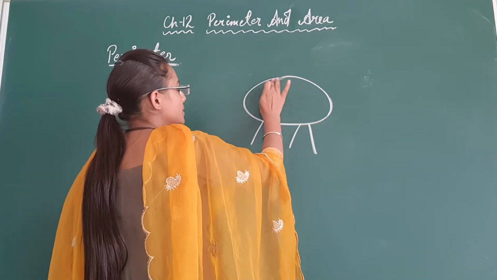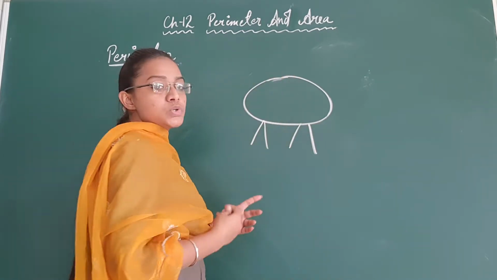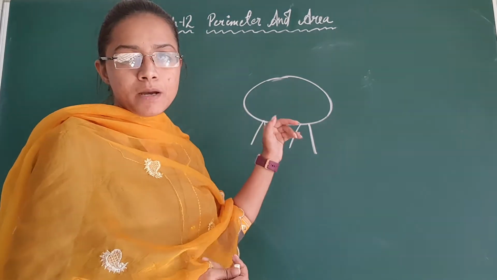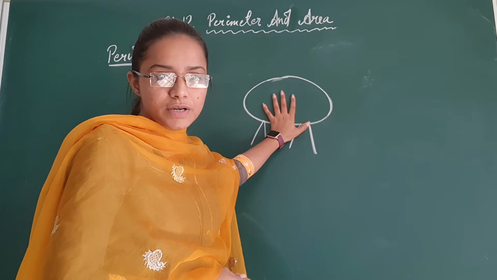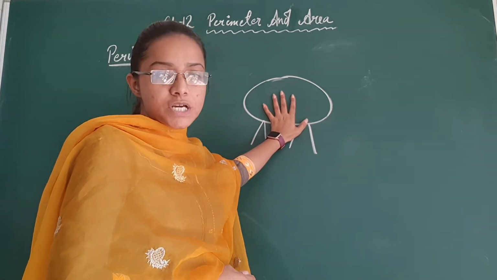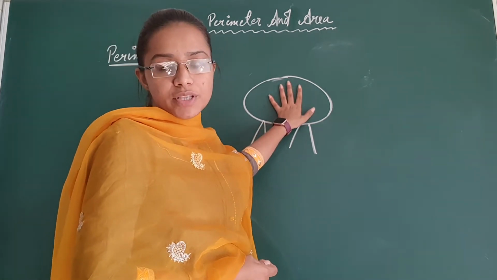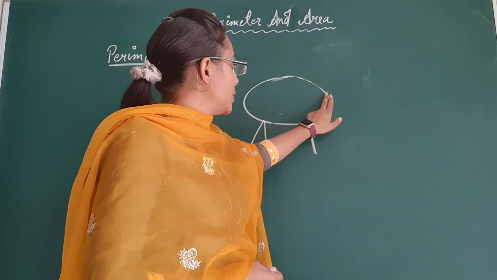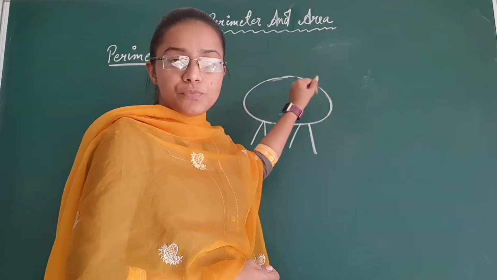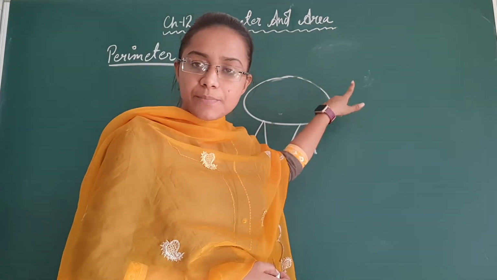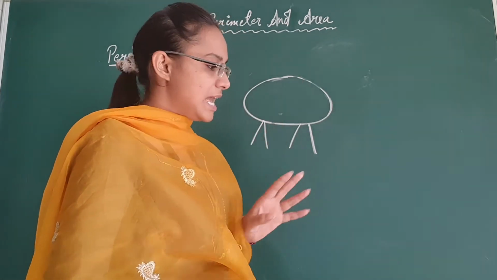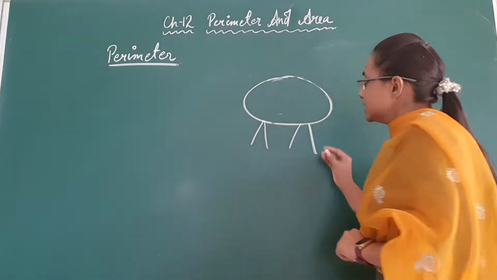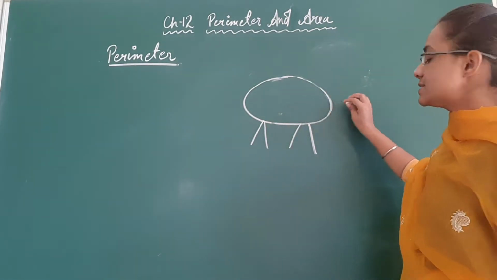So for this you have to use lace to put on the cloth, and you must know the boundary of the table. So you have to measure the boundary of this table here.